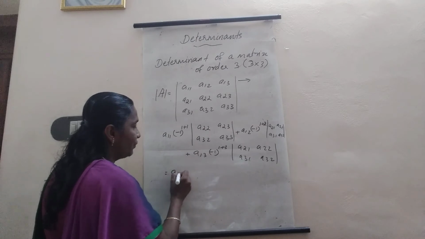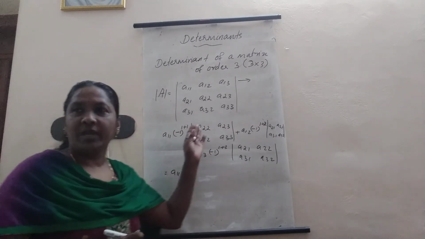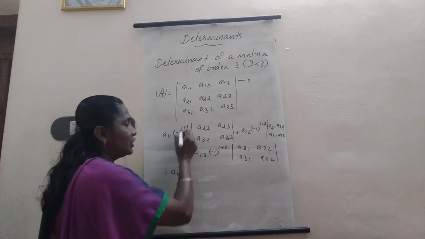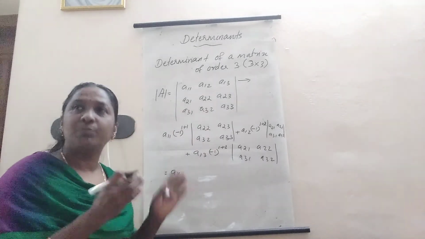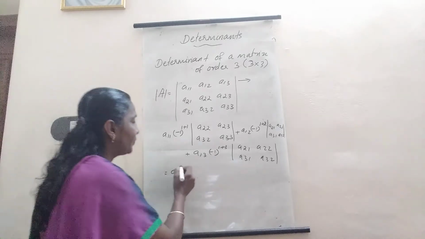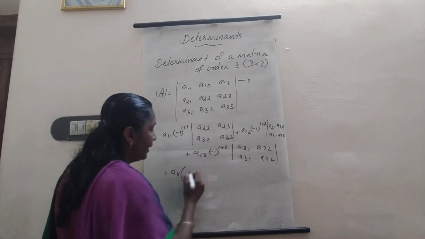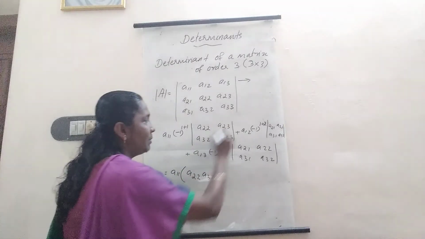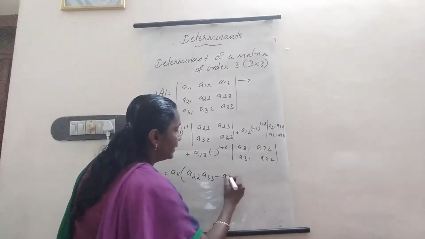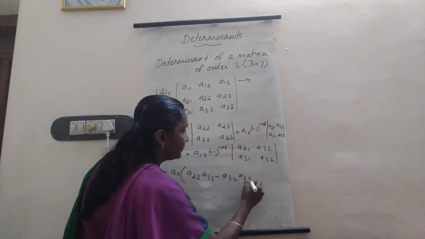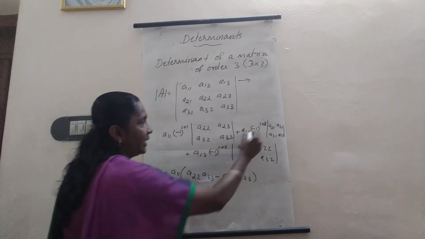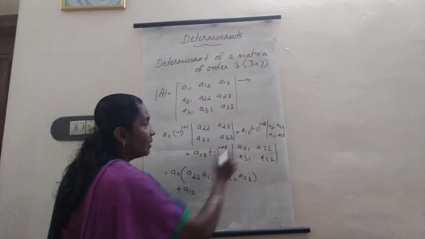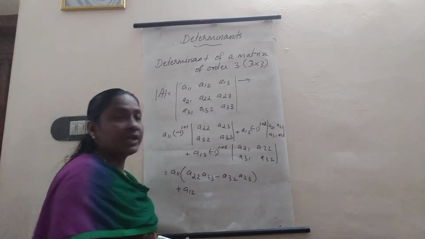Then we know how to expand the second order determinant. So minus 1 raised to 1 plus 1 is minus 1 raised to 2, that is positive, so no need to write here. Then multiply A22, A33 minus, then multiplying along this diagonal A32, A23. Then here A12, minus 1 raised to 1 plus 2 means minus 1 raised to 3.